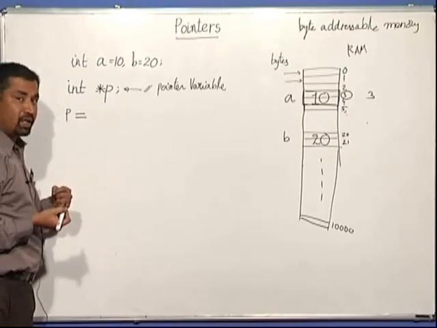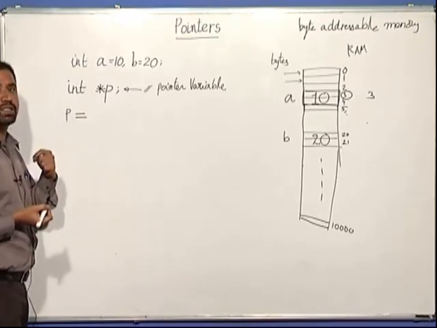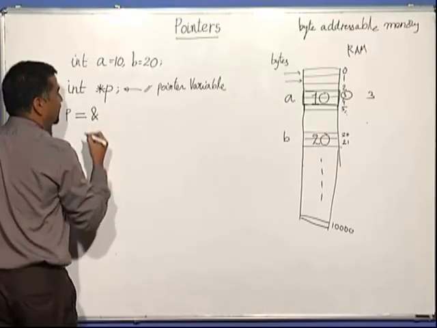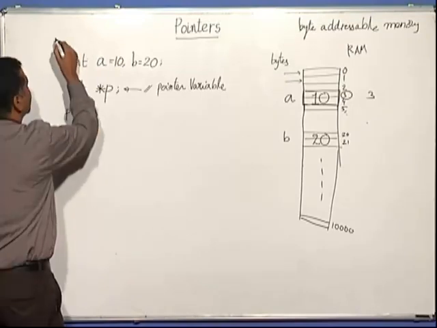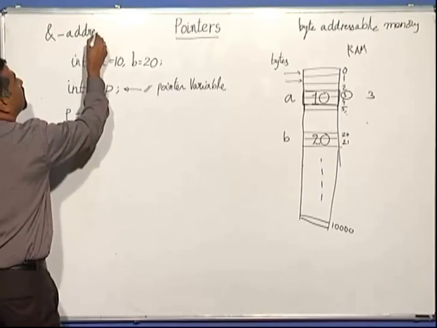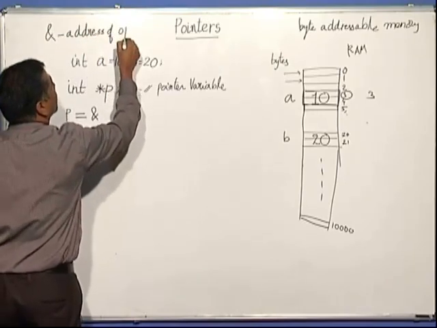And which address here? P is an integer pointer, so it can store the address of an integer variable. And we use the ampersand to take the address. It is called the address of operator. So, ampersand is also known as address of operator.